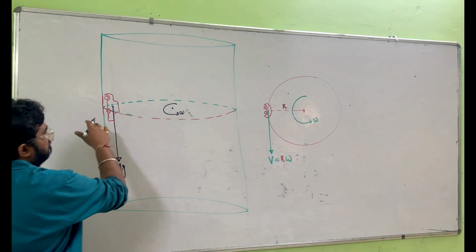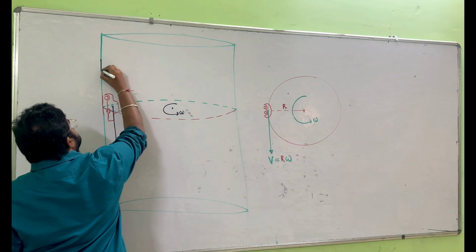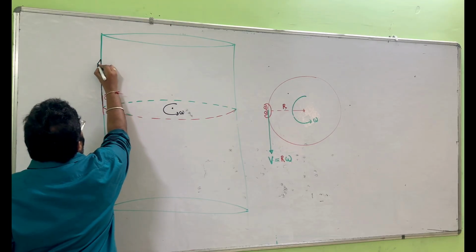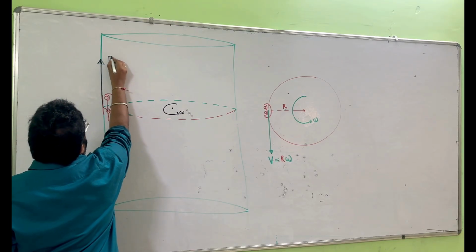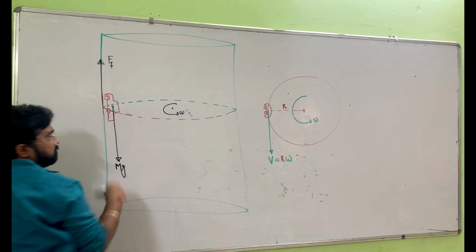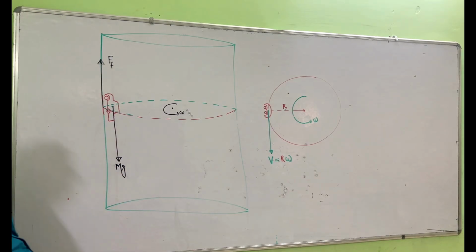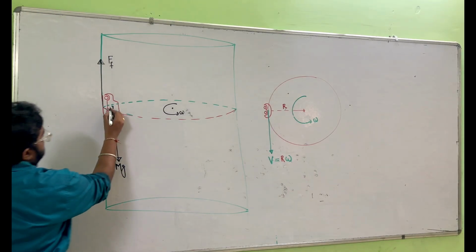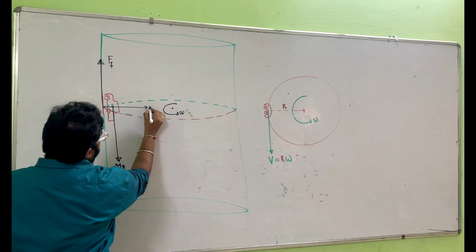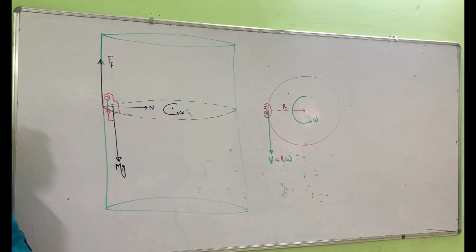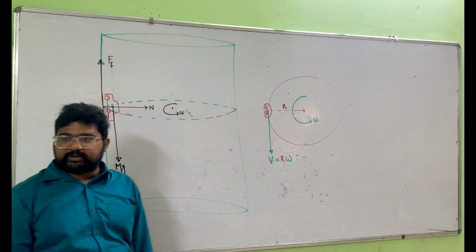So centrifugal force, and here frictional force always acts opposite to the direction of motion. Frictional force is able to slip down, that is the frictional force. Now tell me, normal reaction always acts perpendicular to the surface. At every point of contact, two normal reactions will be acting.